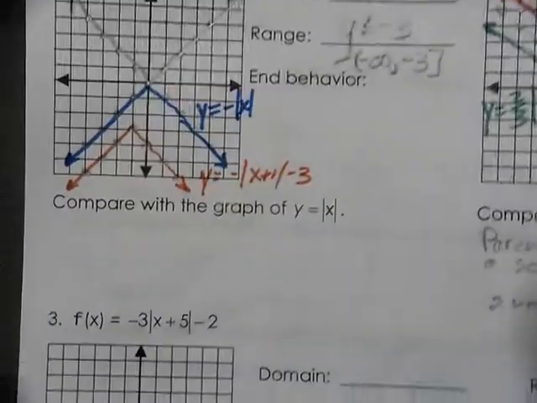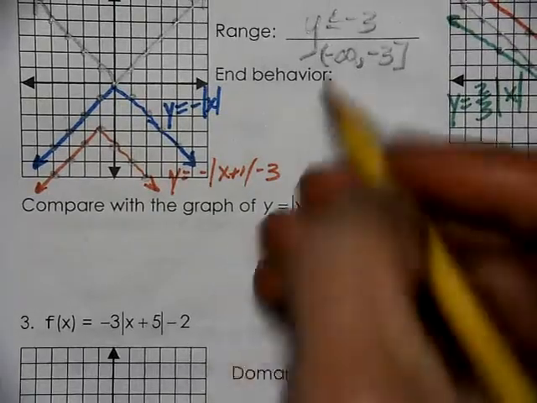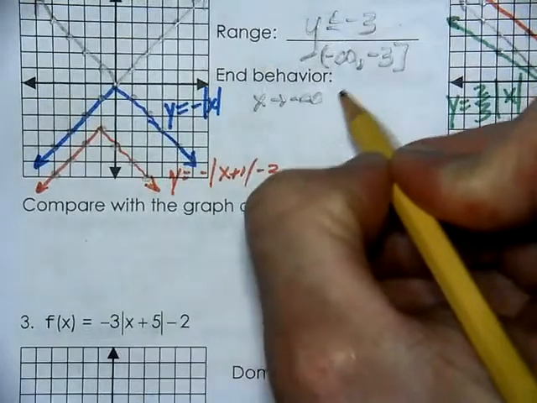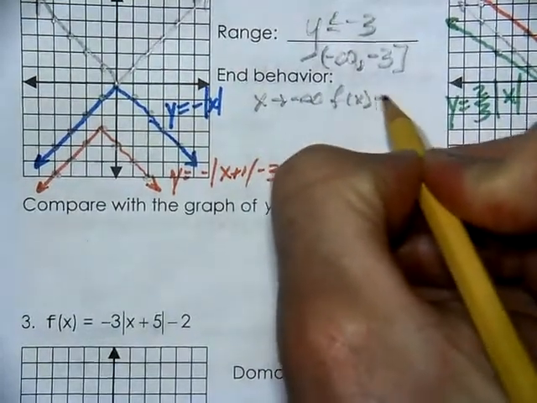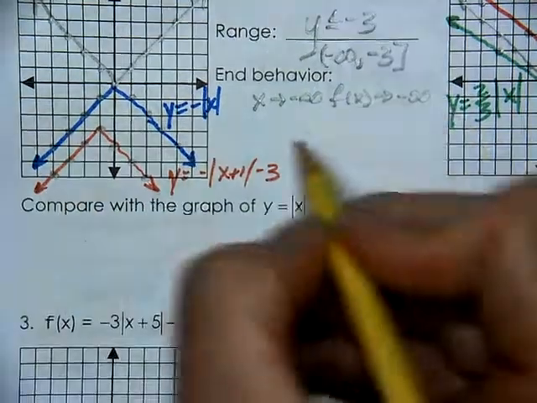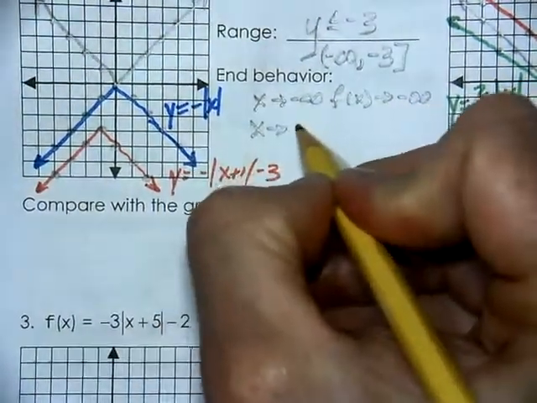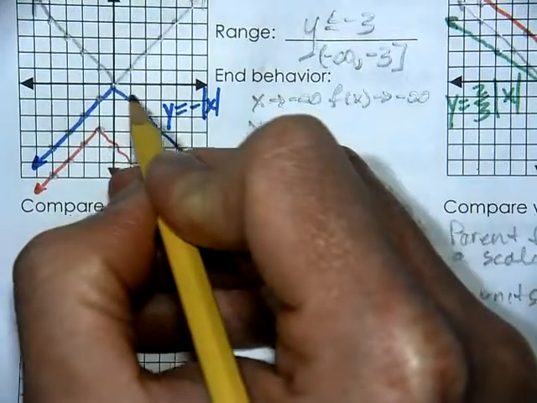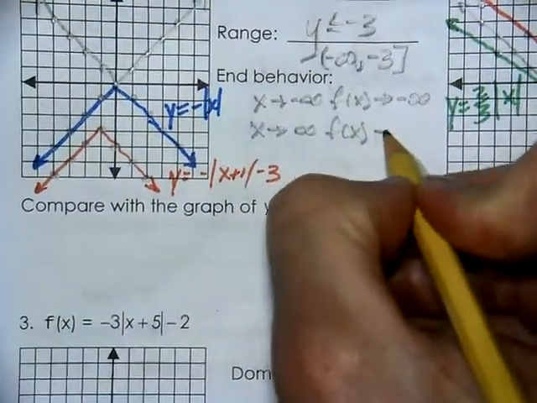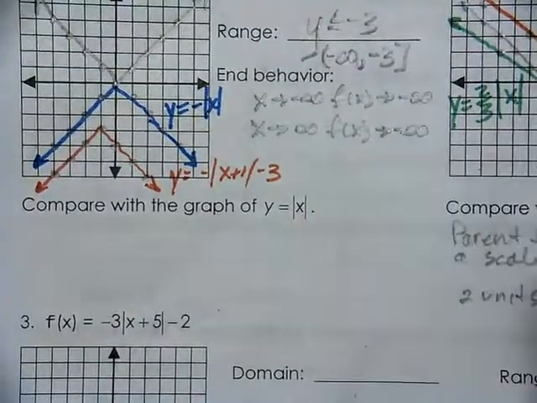Number 1, we can look back at that. Looks like I missed the end behavior. So when we look to the left, the function goes down. When x approaches positive infinity, when x goes to the right, the function's going down.